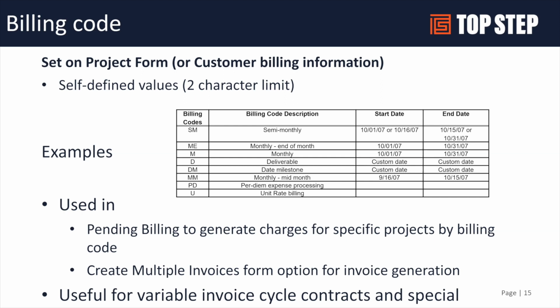If all the charges have been generated and you only want to pick up the semi-monthly ones, then you would add the SM in this example to the create charges action, create invoice action, and it will pick up only those projects where this is set and only the charges where this is set.